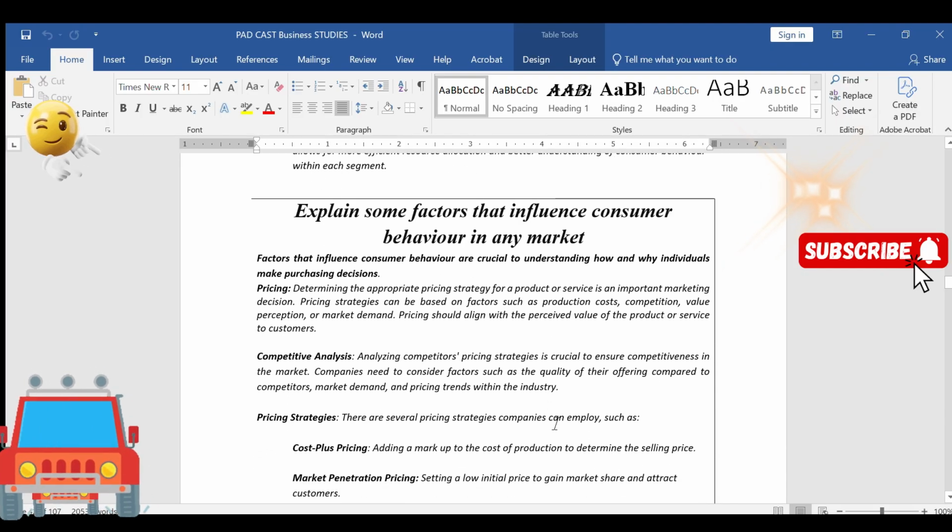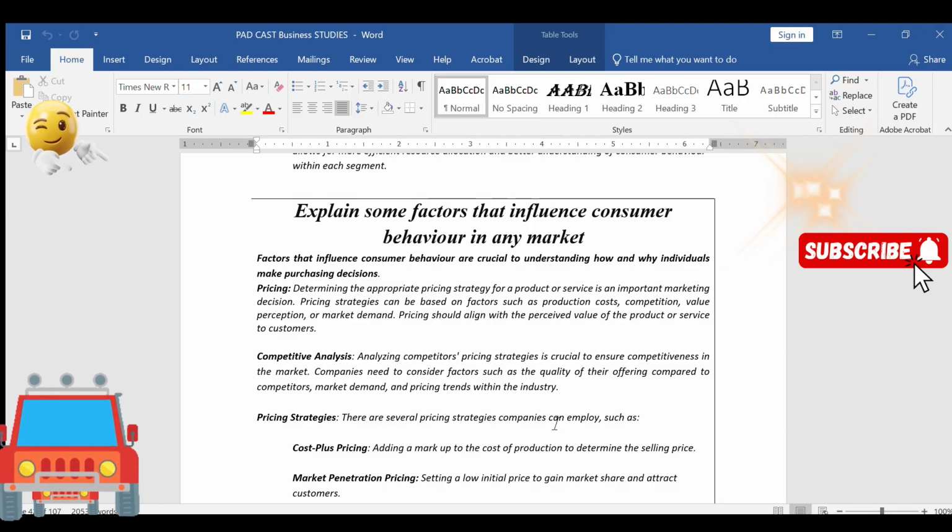So we have explained some factors that influence customer behavior in a market. Factors that influence customer behaviors are crucial to understanding how and why individuals make purchasing decisions. So we have pricing, and this determines the appropriate pricing strategy for a product or service.